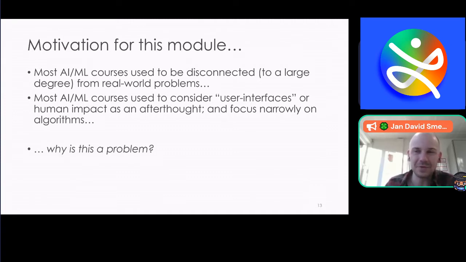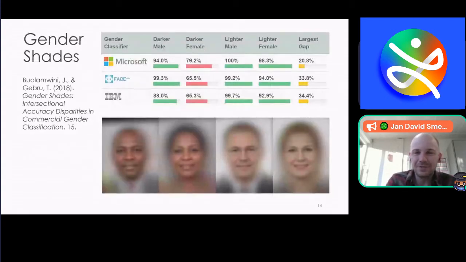You may have seen this or many other examples before, but this is one of the famous ones, the Gender Shades study by Buolamwini and Gebru from 2018, which was really a seminal study from MIT showing that different facial gender classification systems had really different error rates depending on individuals being lighter skinned or darker skinned.